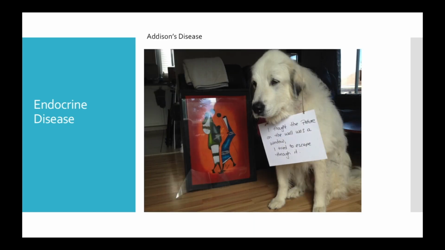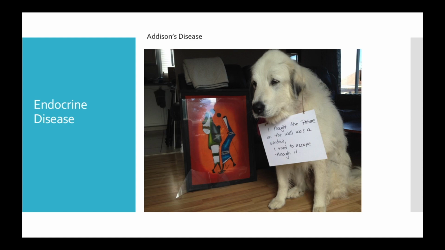Another example of endocrine disease is Addison's disease in dogs. Mostly dogs get this. Technically, cats can get it too. But most often it's in like 2-year-old female dogs, such as this beauty right here. This is Leia. So Addison's disease affects the adrenal glands, which is all part of the endocrine system, and they stop producing cortisol.